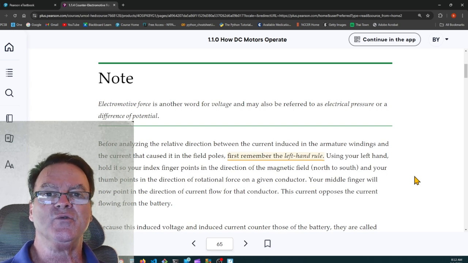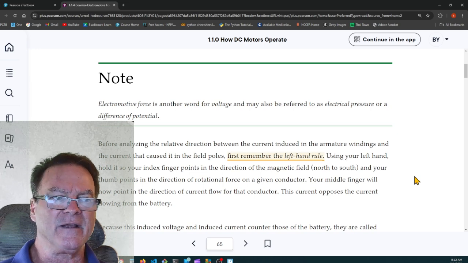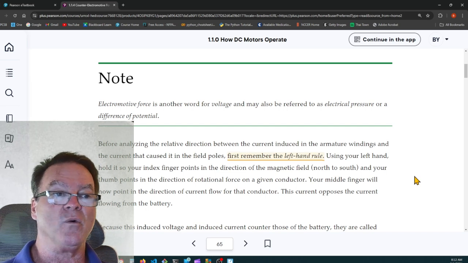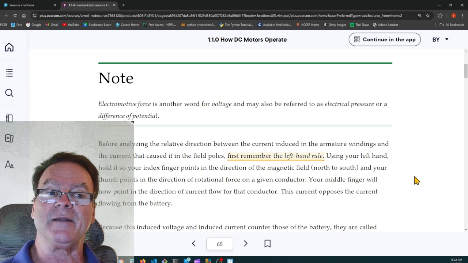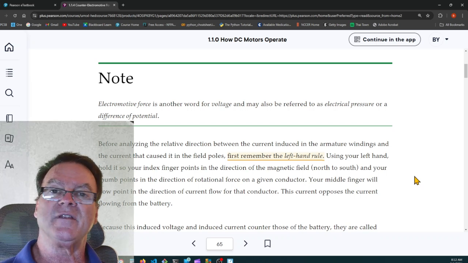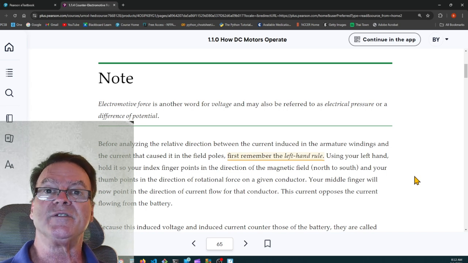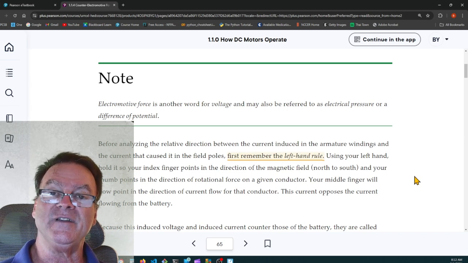So as you rotate a coil of wire in a magnetic field, you induce a voltage and a current in that coil of wire. So a motor is doing just that. The power driving the motor creates a magnetic field that causes that rotor to rotate inside of the magnetic field.